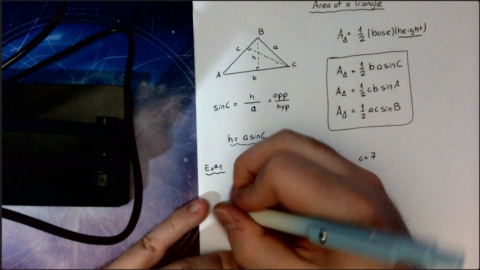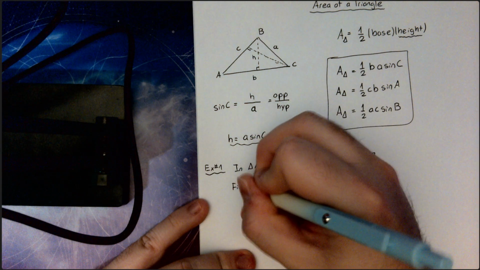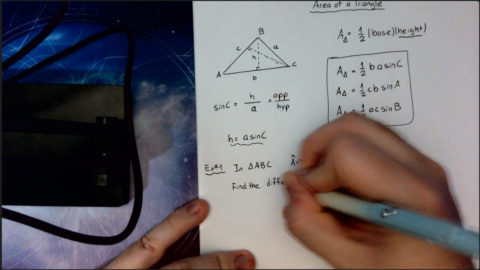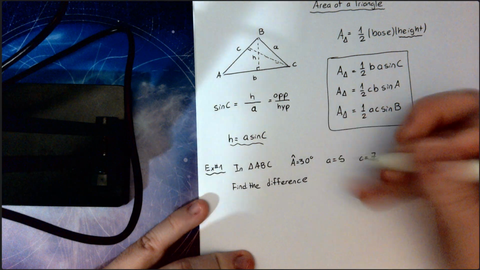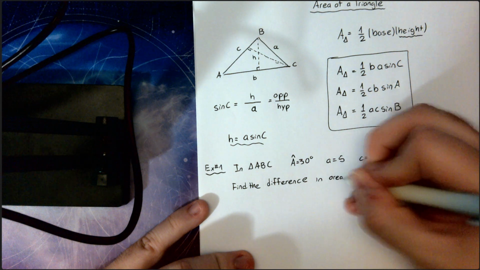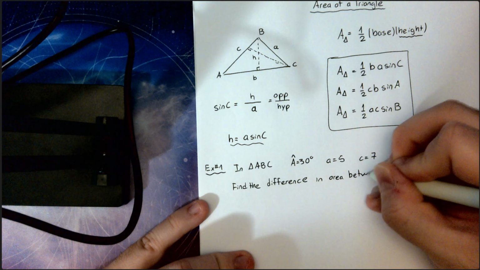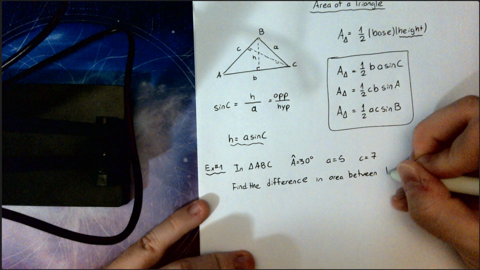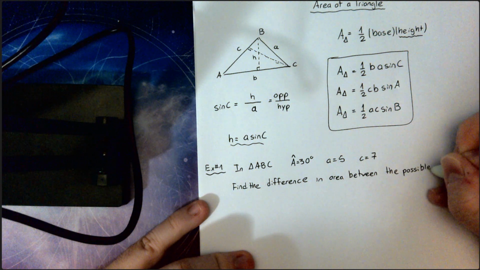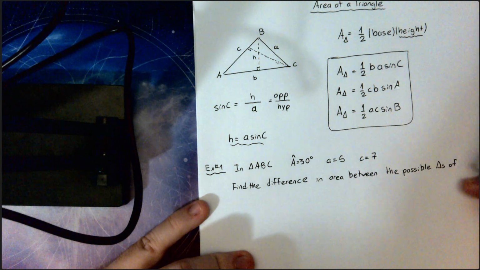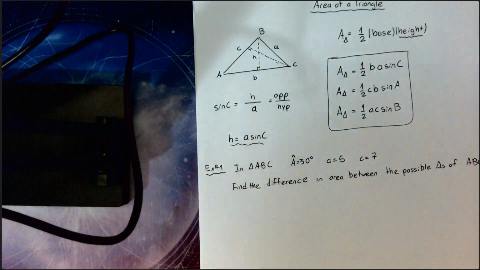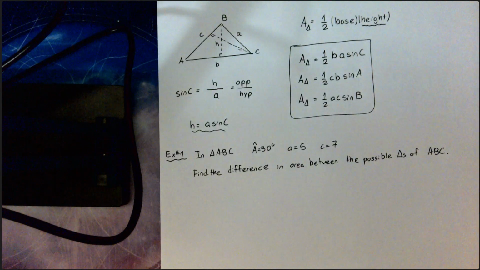And the question says, find the difference in area between the possible triangles of ABC.